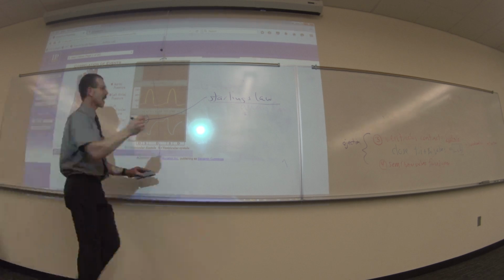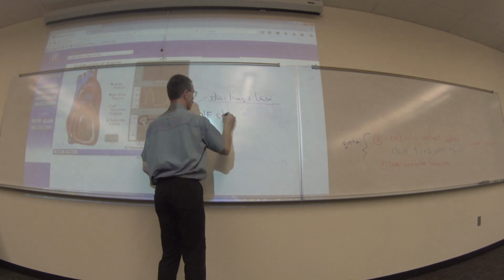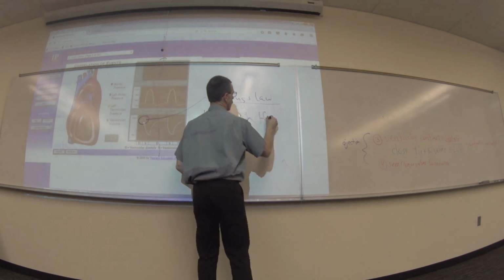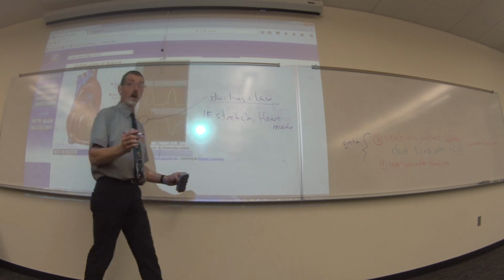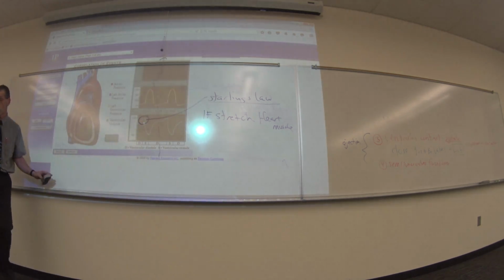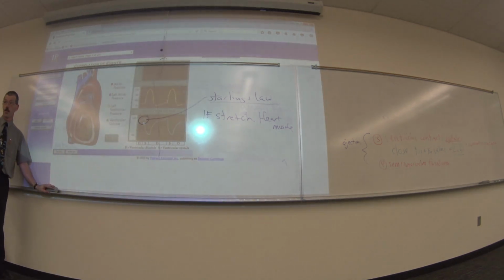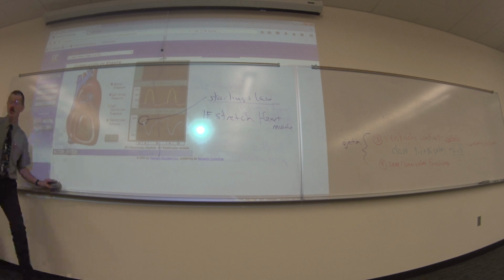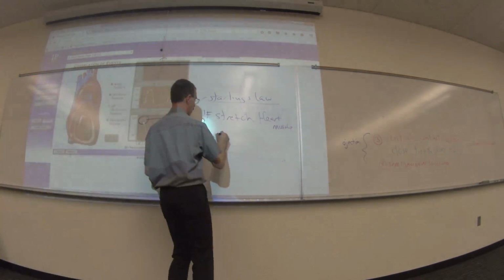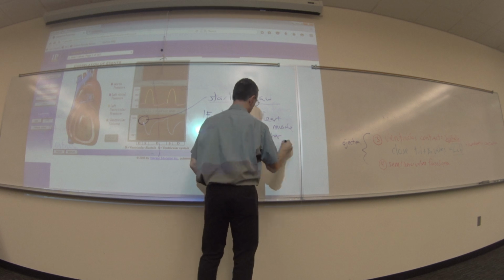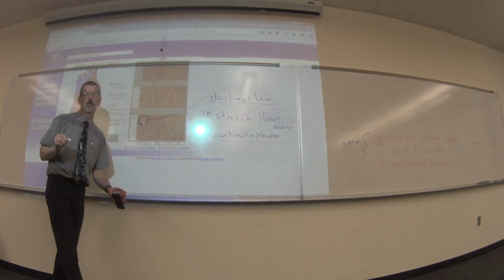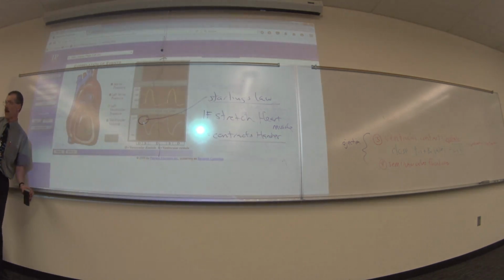If you stretch heart muscle, what's the heart muscle going to do? Thicker, stronger. It's going to contract harder. This is also called the rubber band effect.